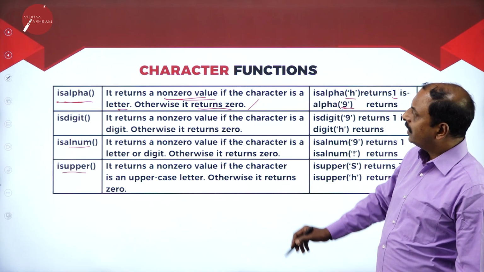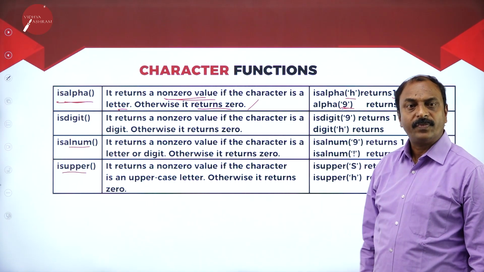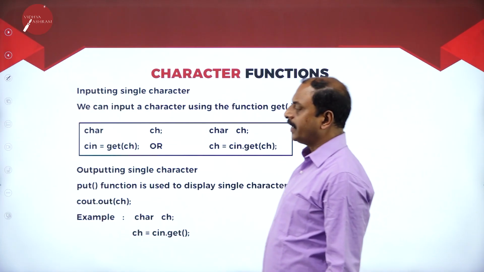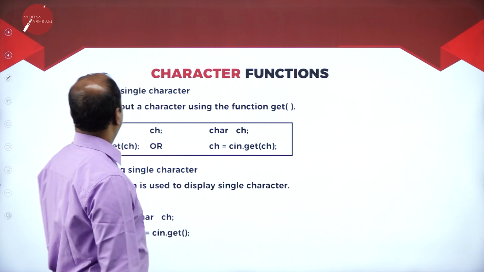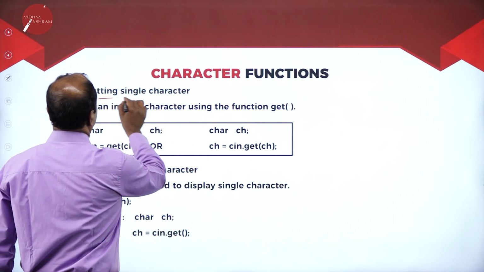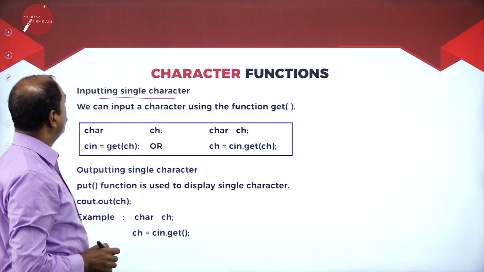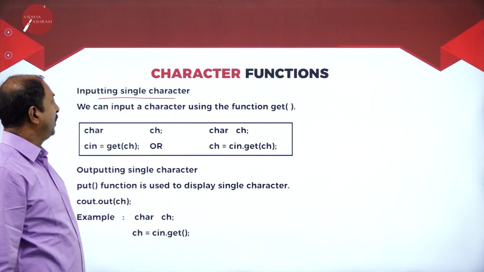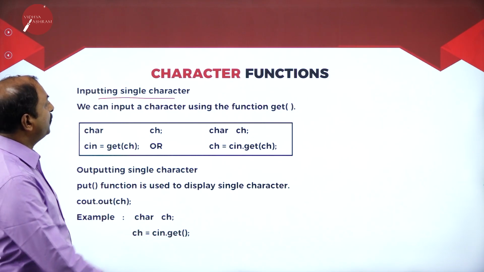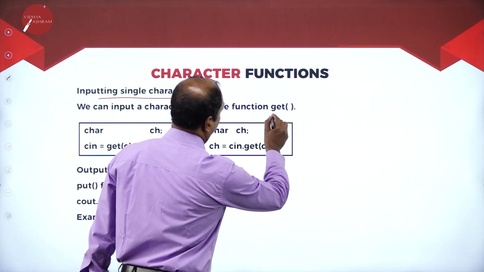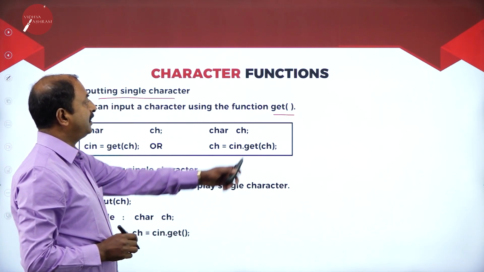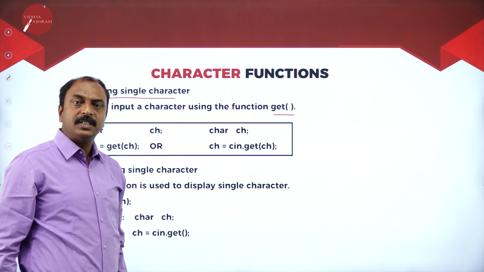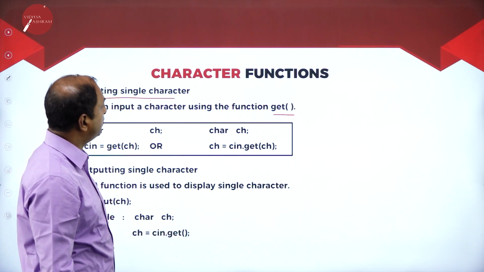So, these are all different character functions under the header file ctype.h. In the next slide, we will see inputting a single character. So, how to use an input statement, or how to input a character in a program. Here we can input a character using the get function. The get function is used to accept a single character from the standard input device, that is the keyboard.